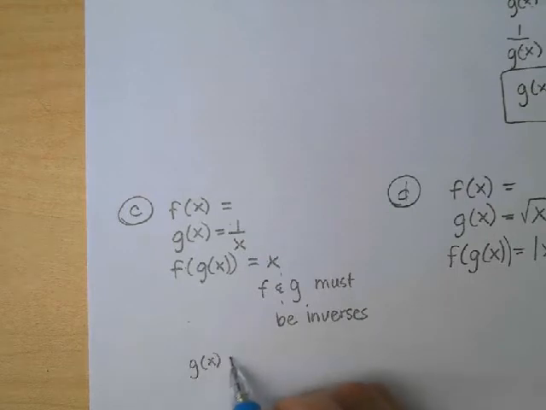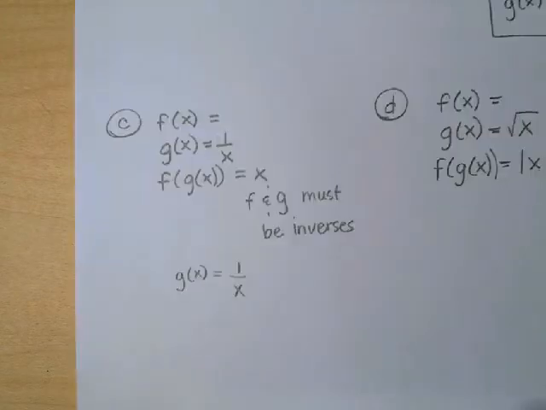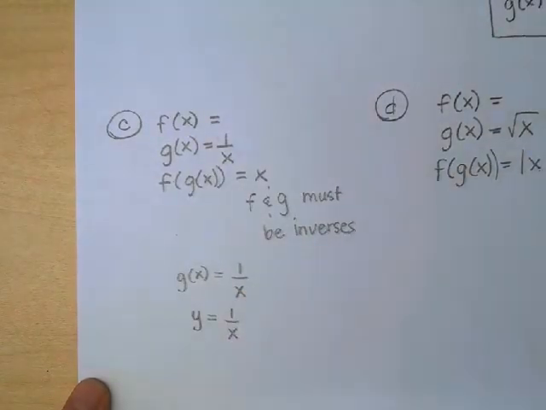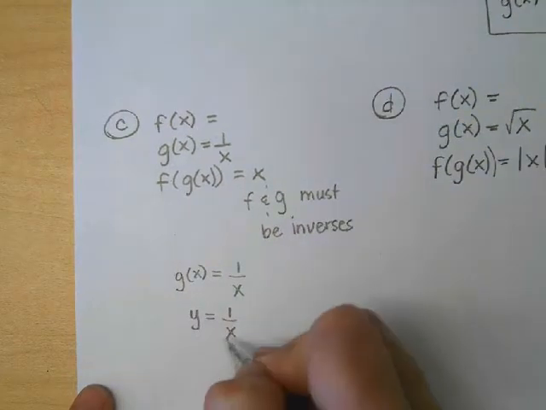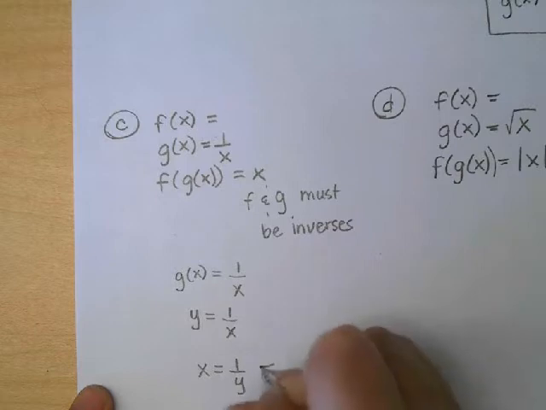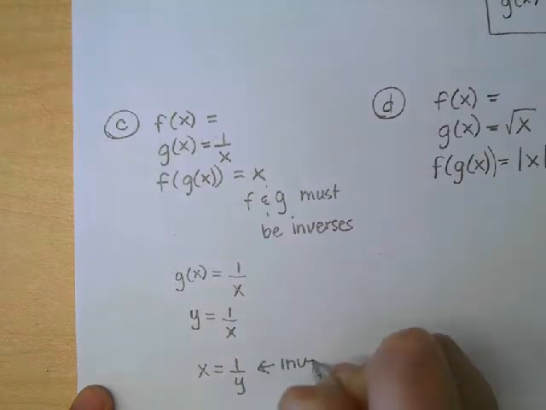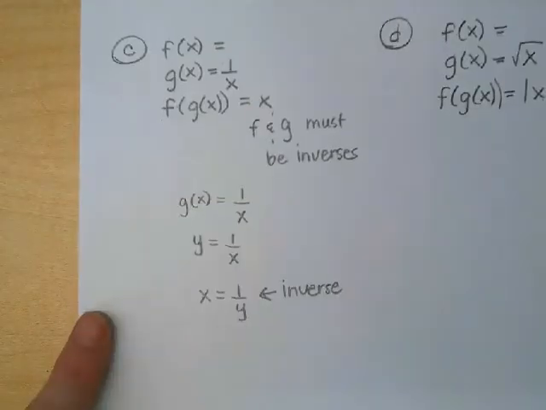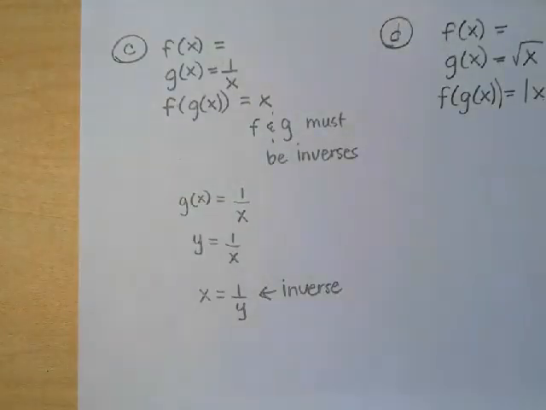Well, we know that g of x is 1 over x. So y equals 1 over x. The inverse, remember, we switch x and y. Okay, so that's the inverse. But we don't want the inverse solved for x, we want it solved for y.